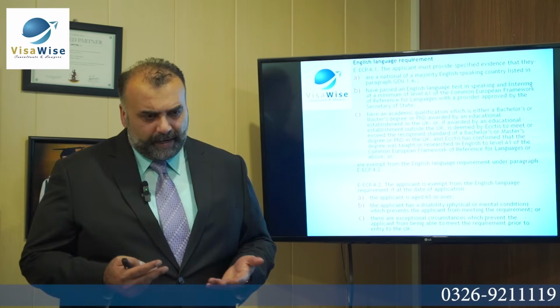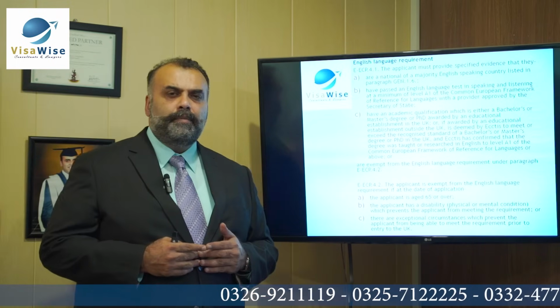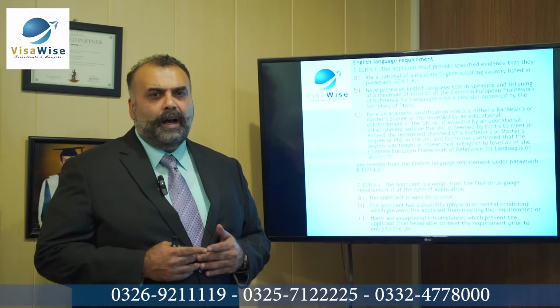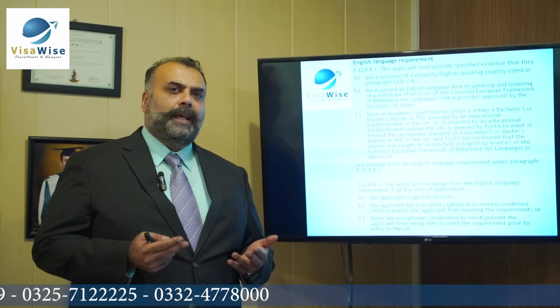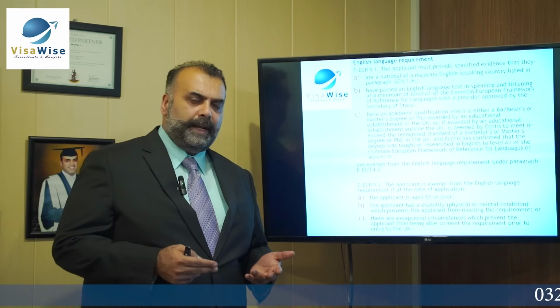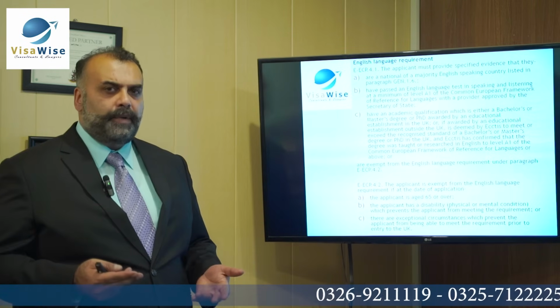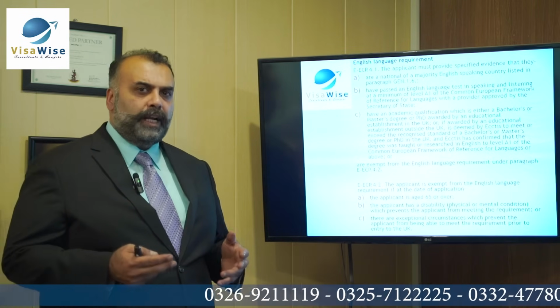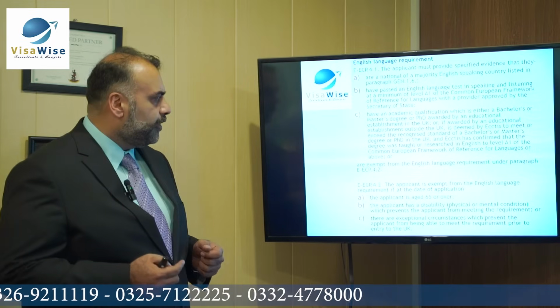In my experience, I have dealt with people who were deaf and dumb. Naturally, in those circumstances, we produce the relevant evidence as to why the applicant is unable to take the test, and you will need to establish that through actual reliable evidence when you submit your application.